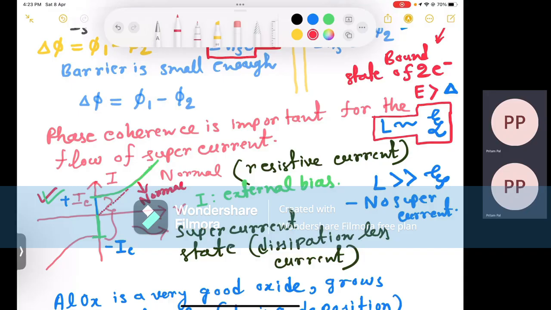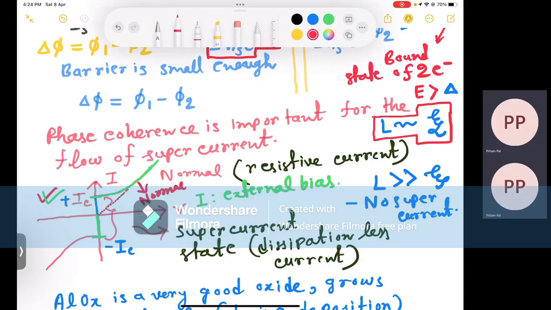So what is happening here? Let's consider just one quadrant here. Let's say we are increasing the current in a positive direction. As long as we are within the limit of IC, we can see no voltage is developed in the circuit. That means V is zero.